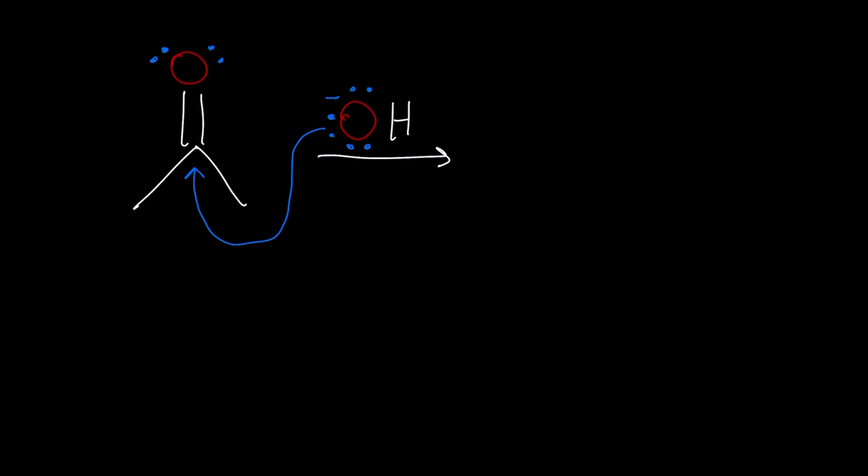What then is going to happen is that 2 of the electrons in this bond between carbon and oxygen are going to be repelled by the negative force of these electrons and go up into the oxygen. So the result is that one of these bonds is broken. You only have 1 bond as opposed to 2, and the oxygen is going to have 3 lone pairs as opposed to 2, because one of the bonds turned into a lone pair.